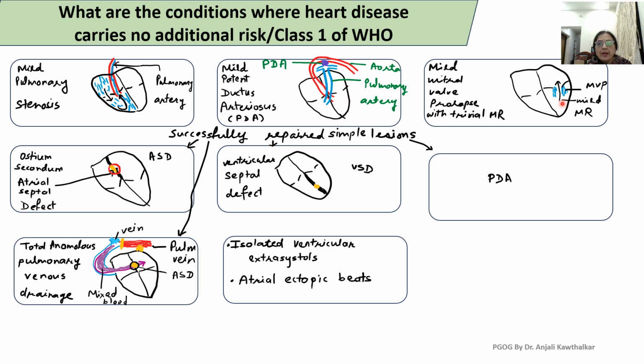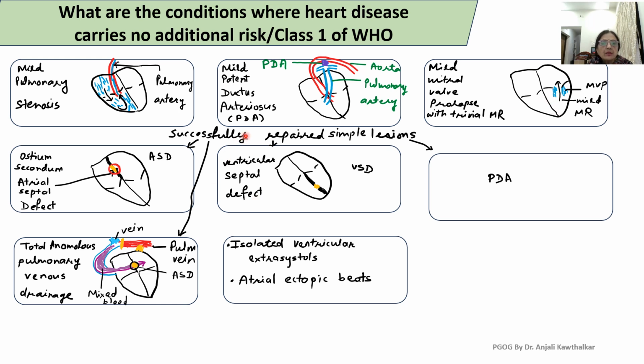Or mild mitral valve prolapse, with trivial mitral regurgitation, then also there is no additional risk to the mother or baby. So all these three are mild: mild pulmonary stenosis, mild patent ductus arteriosus, mild mitral valve prolapse.